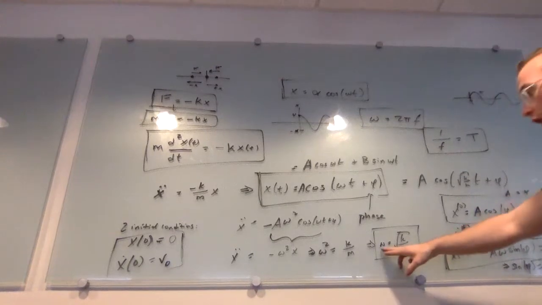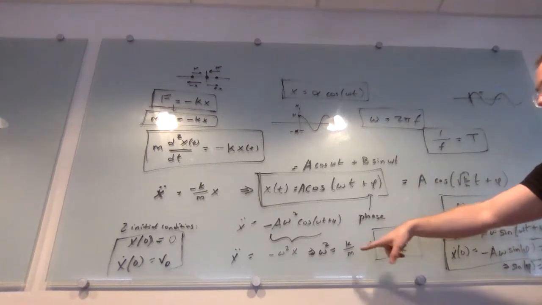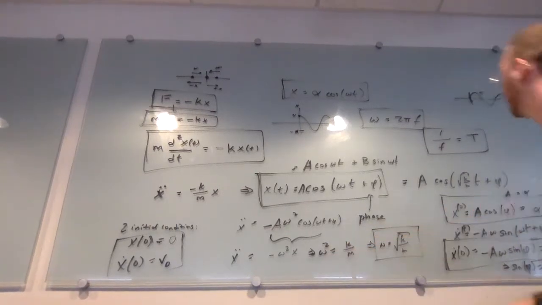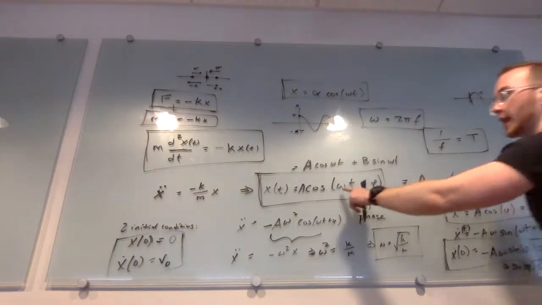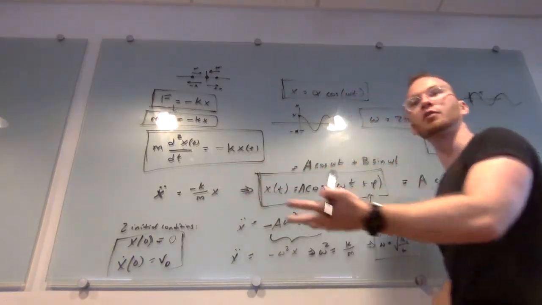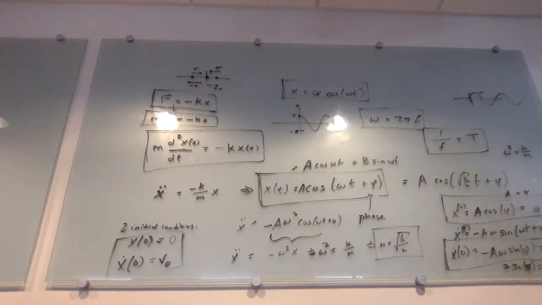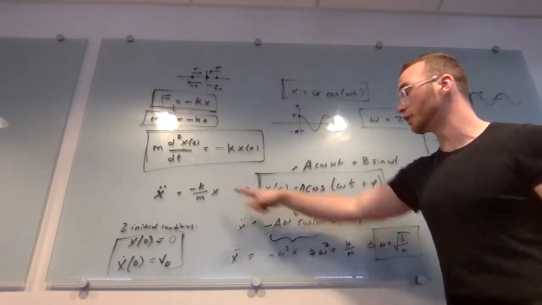You should make sure that's the case, because a lot of times with these omega squareds and things, it's easy to worry about whether the units work. Actually, we can even check this one if you want. Omega squared is k over m. We knew this was a frequency, but we set it equal to some things that don't have anything to do with frequency, right? Mass and k, that doesn't have anything to do with frequency. So why was I allowed to set them equal? Well, of course, they better be equal because we're using the differential equation like that.